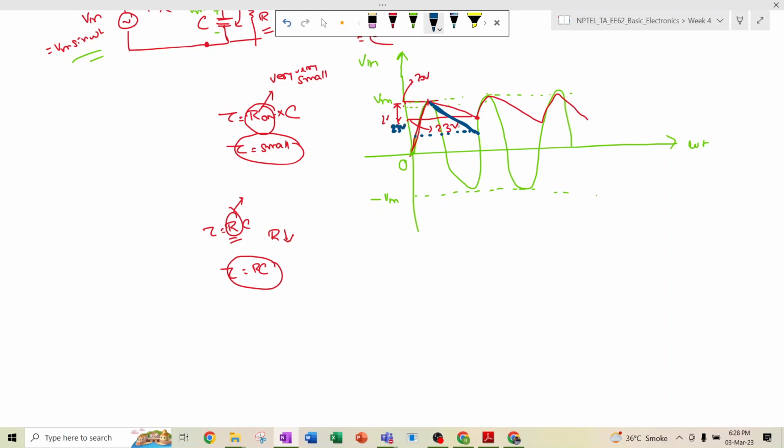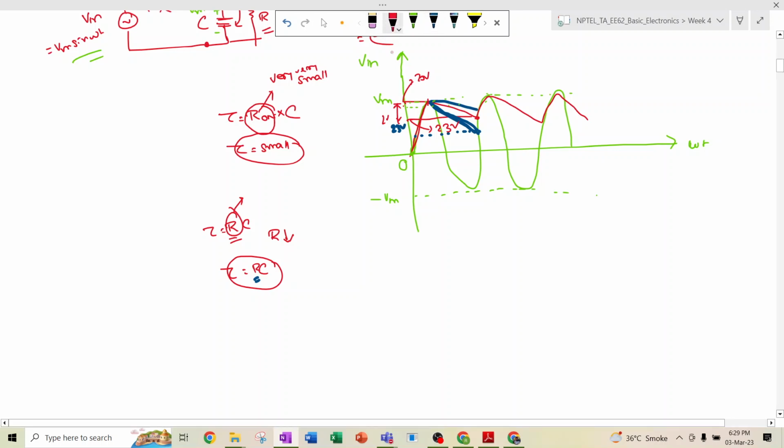So there should be some limitation on the resistor value. If the resistance value is more than that, then it will be better, it will not go beyond 23 volt, but if it is less than that, then it will go beyond the 23 volt. So there should be some limiting value of the resistor, and we have to find that one.